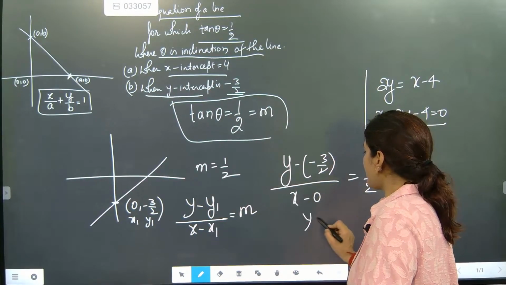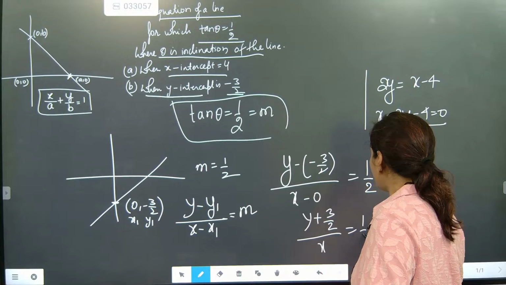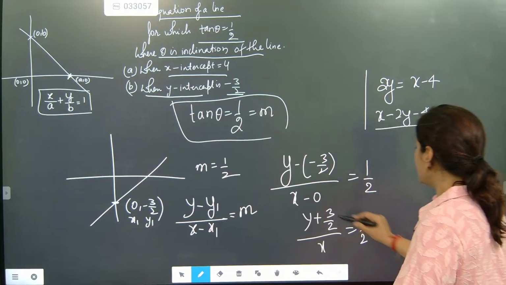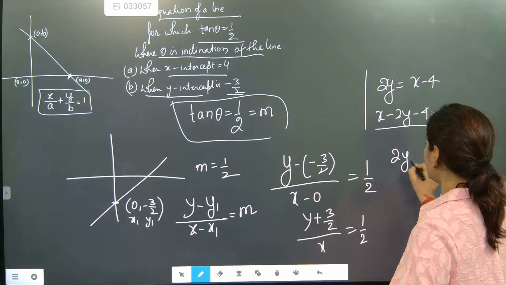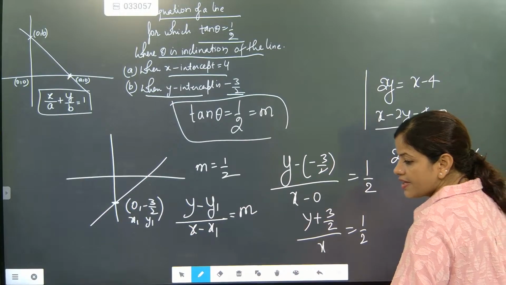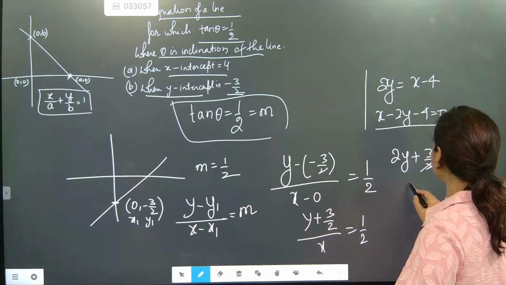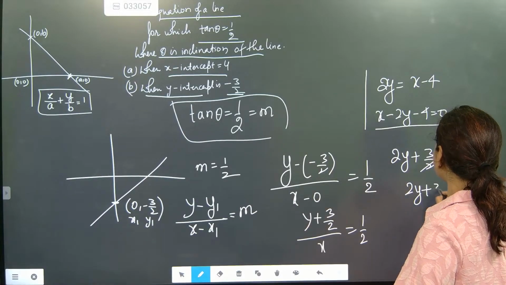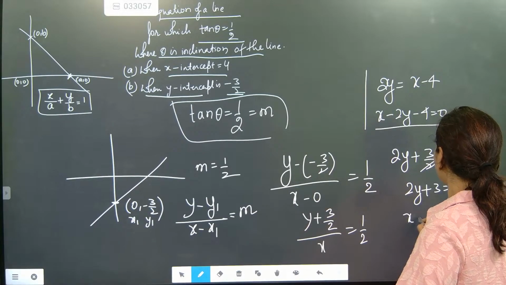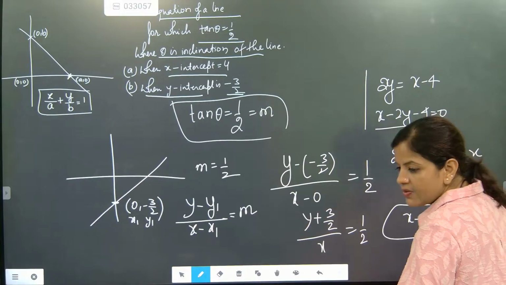So it is coming as (y plus 3 by 2) by x equal to 1 by 2. Cross multiply: 2y plus 3 by 2 into 2 is equal to x. Understood? The 2s will get cancelled: 2y plus 3 is equal to x. So x minus 2y minus 3 equal to 0. This is the second equation of a line.